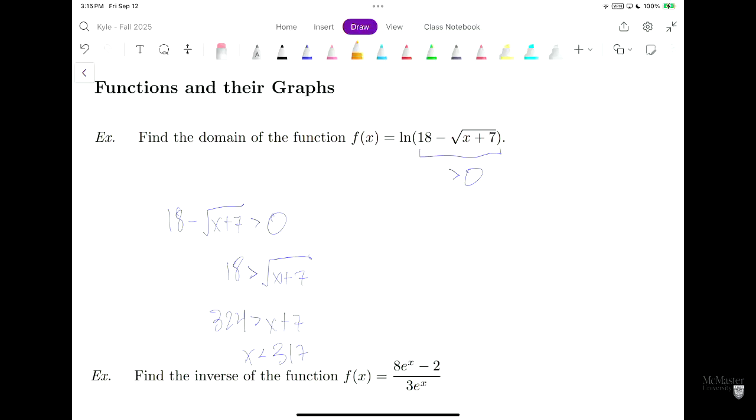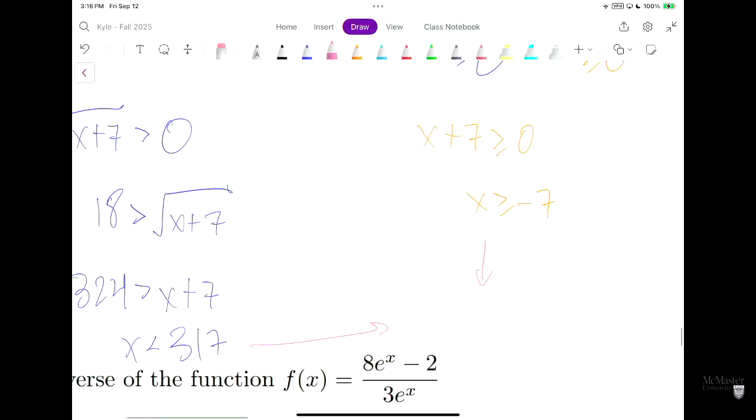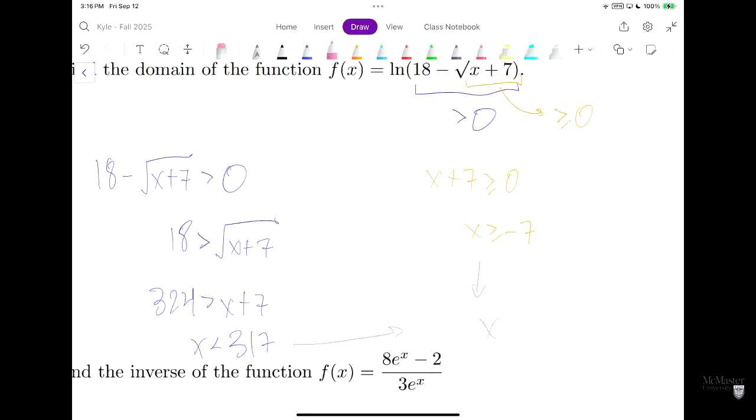So this root has to be defined, meaning x plus 7 is greater than or equal to 0. So let's solve this inequality too. We have x plus 7 greater than or equal to 0. So x has to be greater than or equal to -7. So our final solution is x has to be between -7 and 317.